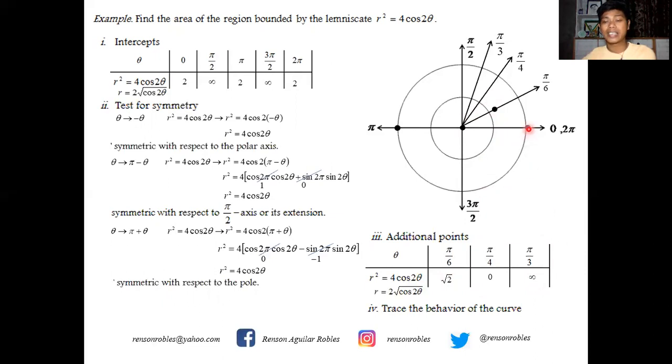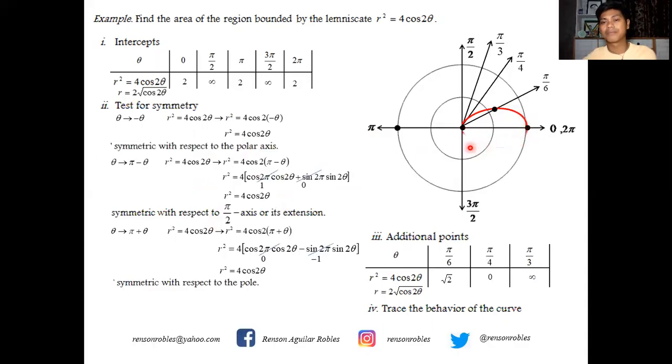So let's start here. So this is 0. Then part of the lemniscate will be drawn from this point going to pi over 6, and then down to the pole at pi over 4. So you have this part of the equation. And again, since this is symmetric with respect to the polar axis or the line OX, then this part of the lemniscate will have a reflection over this line.